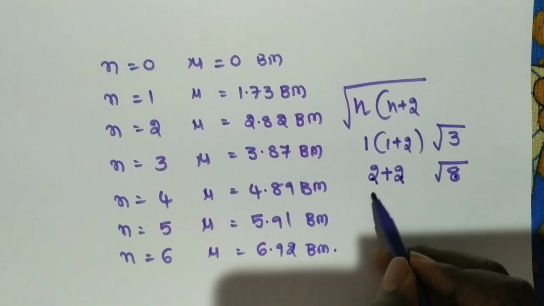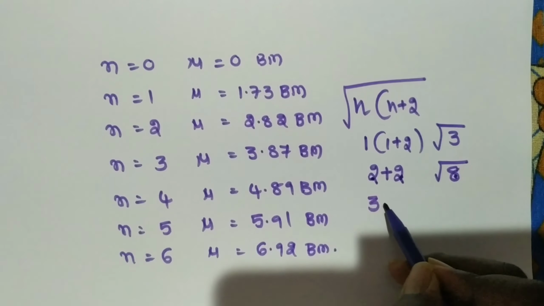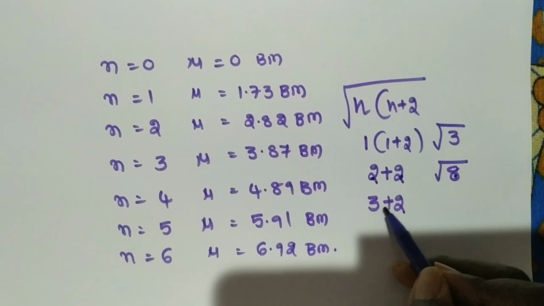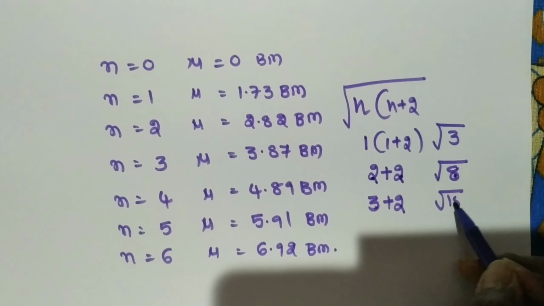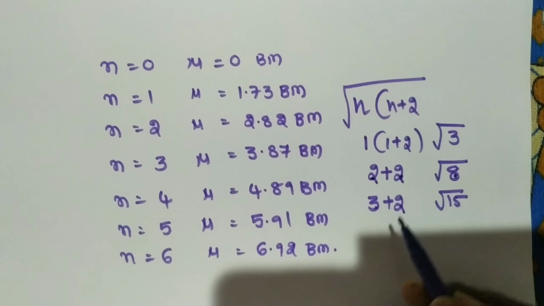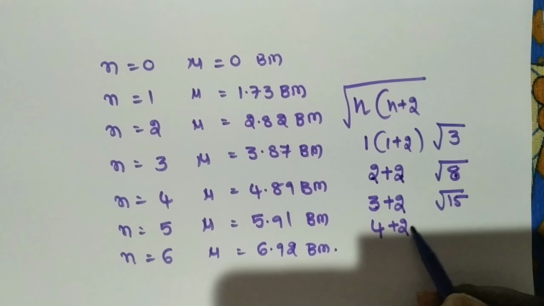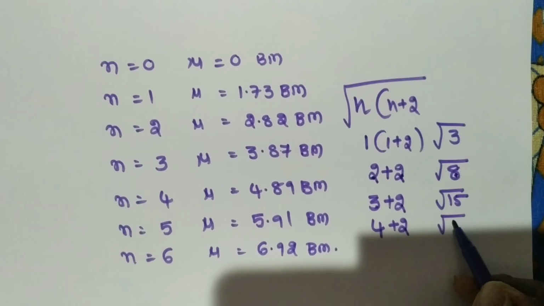Like that, the number of unpaired electrons is 3. You have to add 2 and the total value is multiplied with 3. 3 plus 2 is 5, 5 threes are 15, so root 15. Root 15 value here is 3.87. Number of unpaired electrons is 4, you add 2, then that value is multiplied with 4. 4 plus 2 is 6, 6 fours are 24, that is root 24.